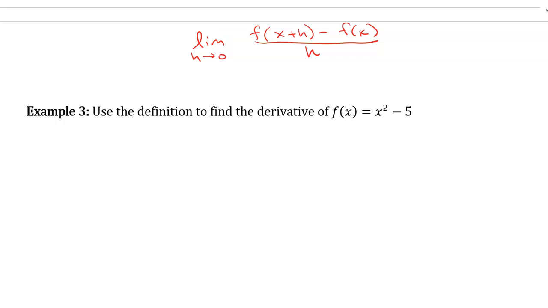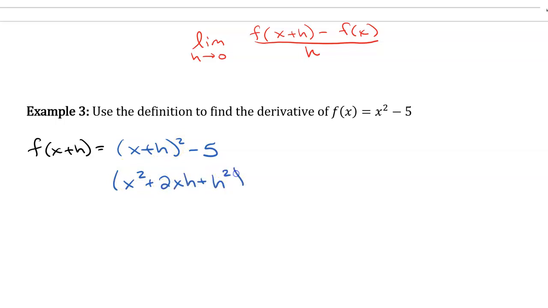So f of x plus h, take the lovely x plus h, substitute it in, and go from here. So we have, FOIL that out, will give us x squared plus 2xh plus h squared minus 5. We can drop the parentheses easily enough.